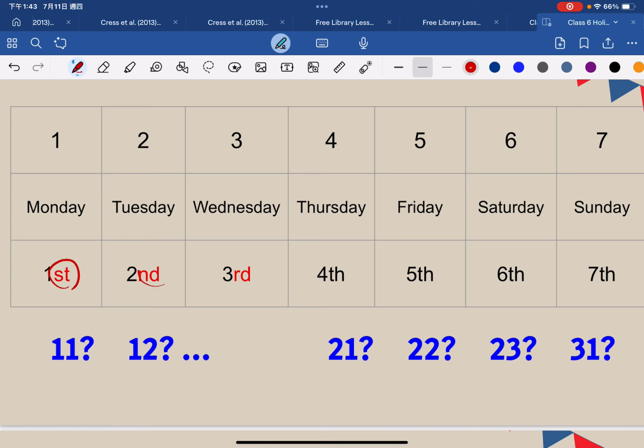What about 11 and 12? It is different. It's not 10 first or 10 second, right? So it uses the same rule, TH. So it's 11th, 12th.